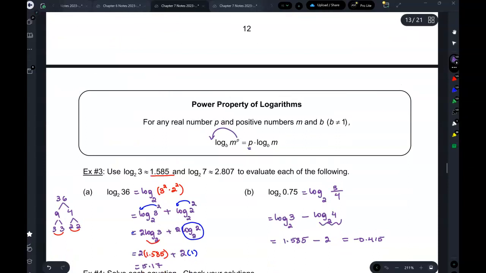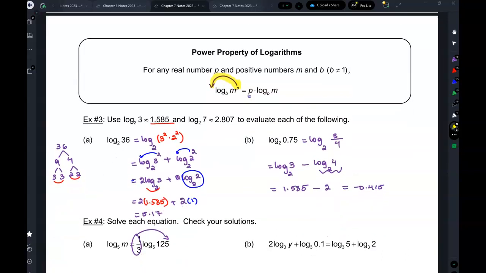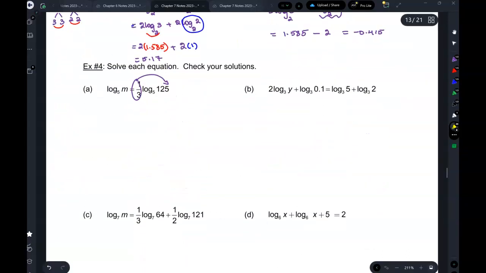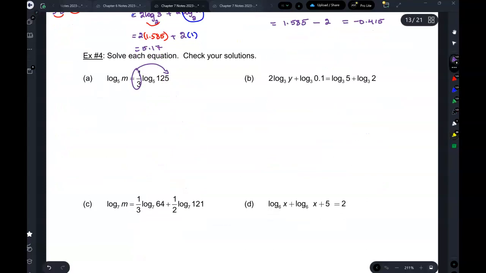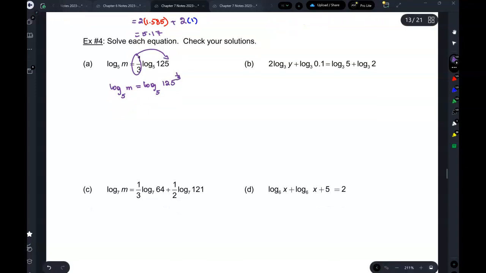So this p can go back and forth between a fraction, a coefficient, and an exponent. So now I have log base 5 of m equal to log base 5 of 125 to the 1/3 power, the cube root of 125, 5.